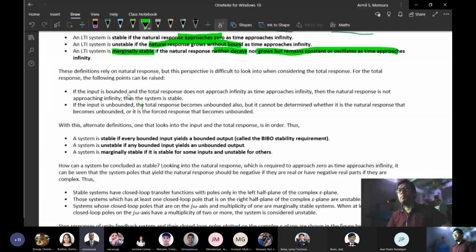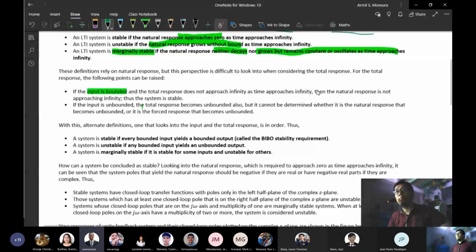Now, obviously, kung titingnan natin yung total response, tapos alam nyo na yung input nyo is bounded. When you say an input is bounded, it means na yung value nung input ninyo has a certain finite value. Hindi man siya mag-stay dun sa finite value na yun, at least hindi siya lumalagpas dun. So, you say that your input is bounded.